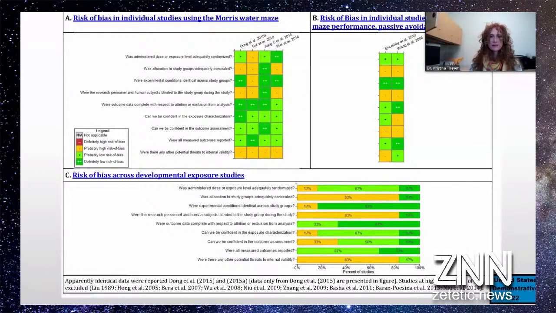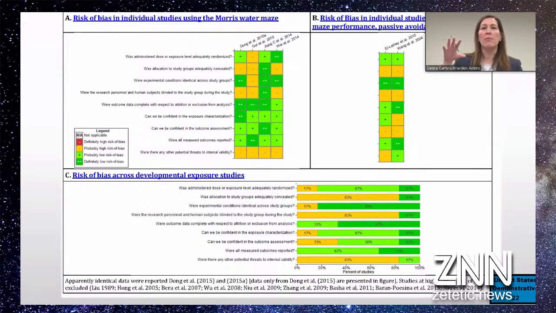Yes, this presents the risk of bias analysis in the studies looking at developmental exposure to fluoride. The issue I mentioned, the failure to account for litter effects, is reflected in this. Were there any other potential threats to internal validity? So you see that here there's a dark yellow, which reflects a probably high risk of bias. And Dr. Thayer, did NTP 2016 report a chart like this for each outcome tested? Yes.